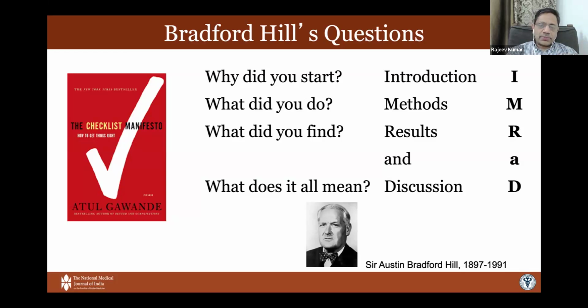And these headings were given by Sir Austin Bradford Hill. He was a scientist, clinician, who first looked at the association between smoking and lung cancer, but also gave us these guidelines on how scientific research should be communicated. So he said you should answer 4 questions when you write a paper or you write an abstract.